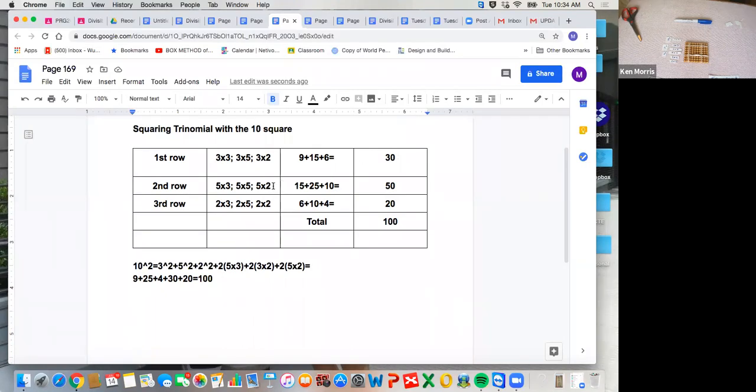Then I have 5 times 3 and plus 5 times 5 plus 5 times 2. These should really say plus and not semicolon. Let me just fix that real quick. We're adding all these terms together.